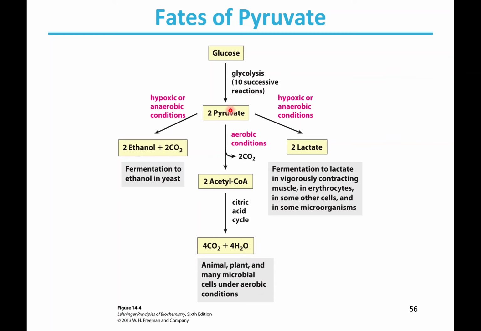And I should mention, going from pyruvate to acetyl CoA, you're losing carbon in the form of carbon dioxide as well. So the carbons are all accounted for. The enzyme for pyruvate to acetyl CoA is known as pyruvate dehydrogenase complex. That, and then acetyl CoA in the citric acid cycle, is all covered in chapter 16.